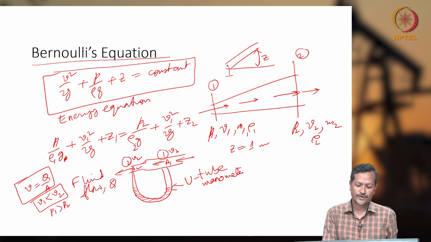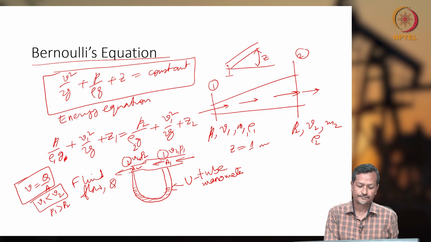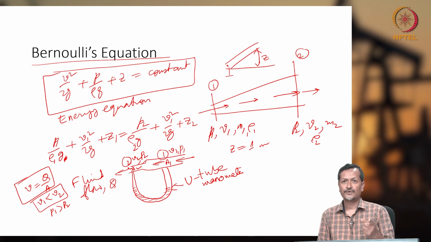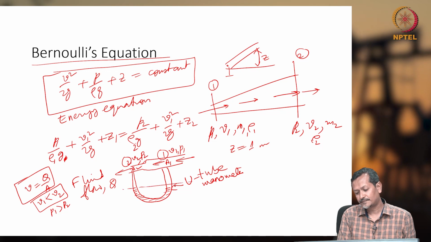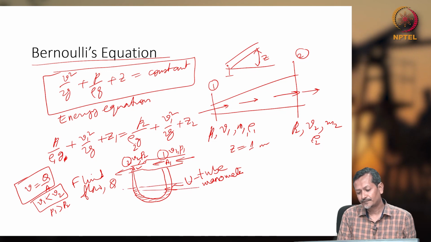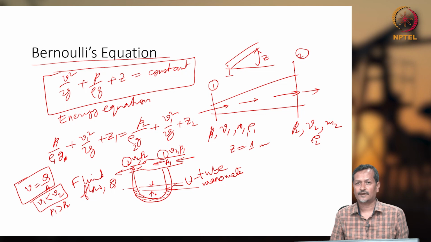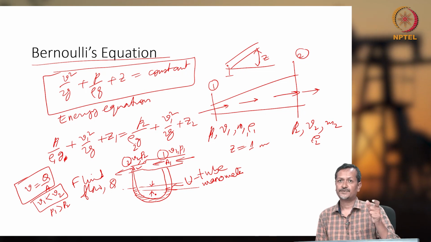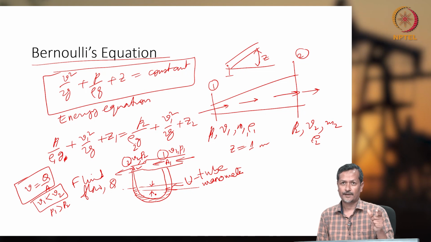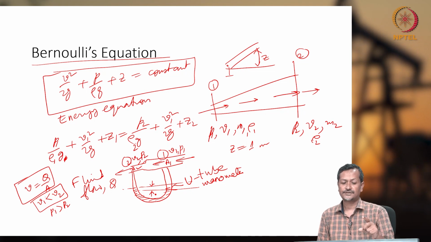So P1 is here. When P1 is higher, the difference you will have in my column. So when you are getting certain difference, you can assume how much pressure drop is happening in between this pipe. This is the Bernoulli equation.